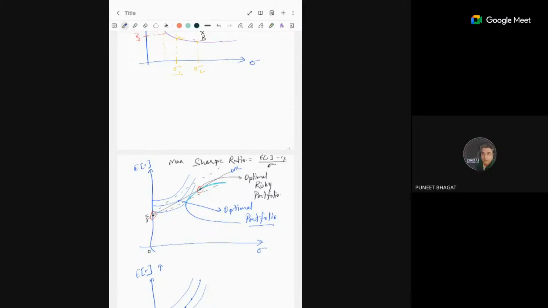I do have one question about the frontier. You said the minimum variance set and efficient frontier. Shouldn't the line be the minimum variance frontier, and the set be the points inside?